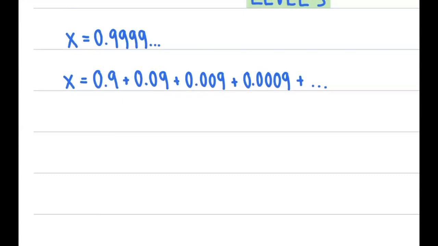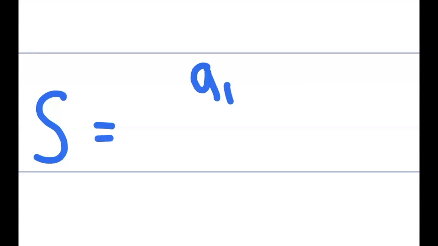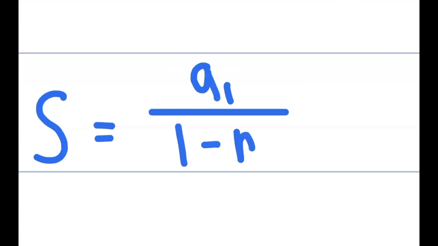And now the question is, how do I find the sum of a geometric series? Well, in Algebra 2 or in pre-calculus, we learned that an infinite series where the first term is a1 and the common ratio is r is given by this formula: the sum equals the first term, a1, divided by 1 minus the common ratio.